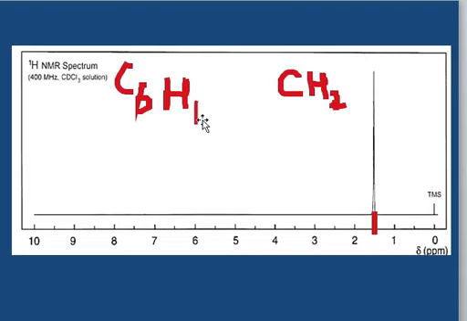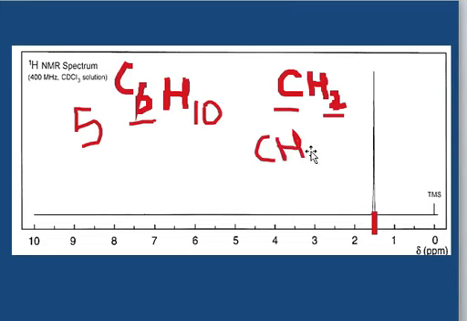So CH2 means five carbons and ten hydrogens are present. I can join them one by one by satisfying their valency.